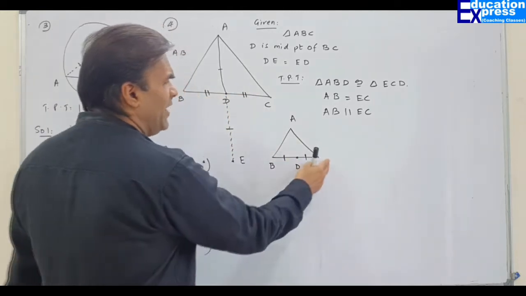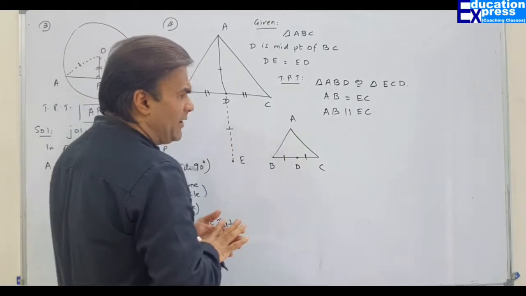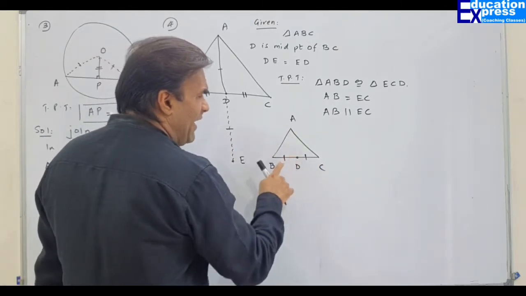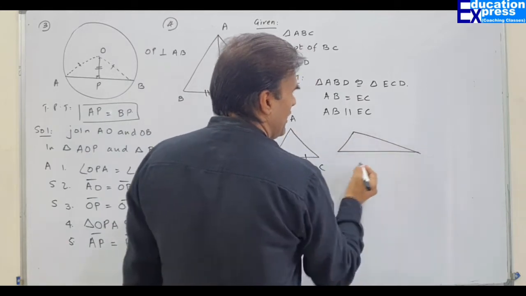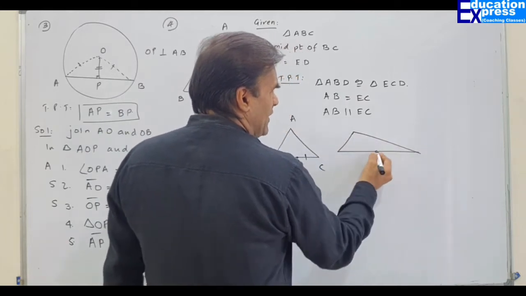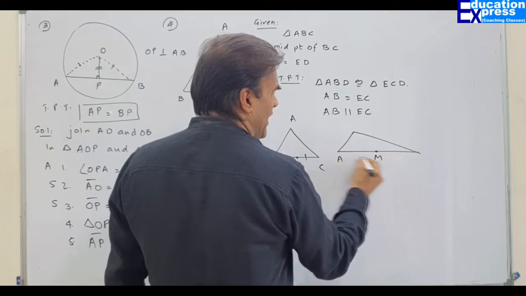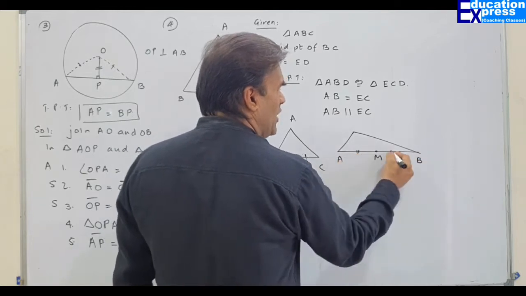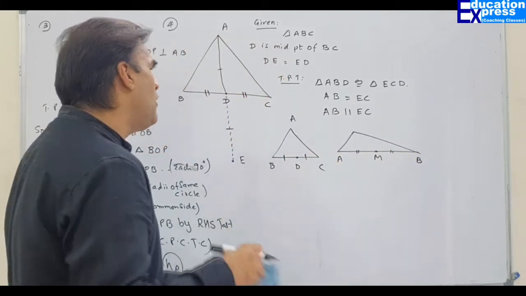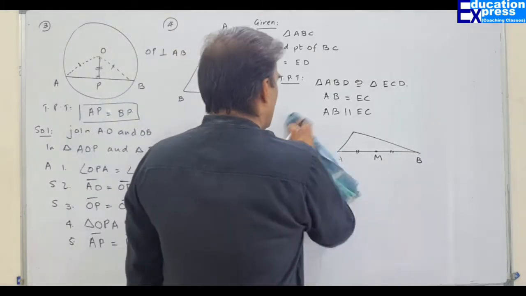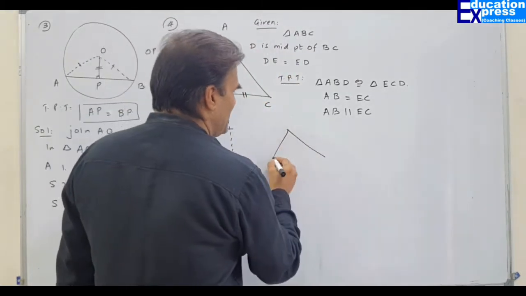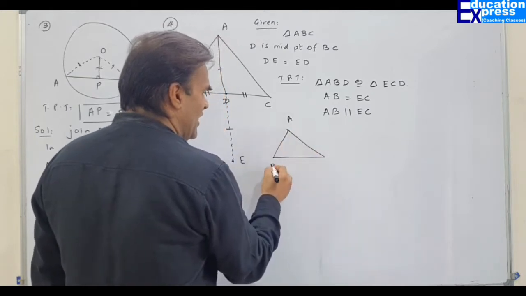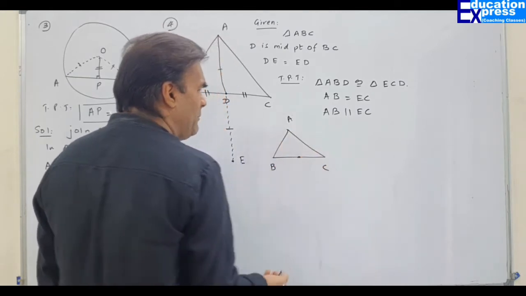A midpoint will divide the side into two equal parts. For example, if this is a triangle and this is the midpoint, then this point M will divide AB into two equal parts. But that is the only role of a midpoint. So over here, D is a midpoint. Fantastic, triangle ABC is available with us.